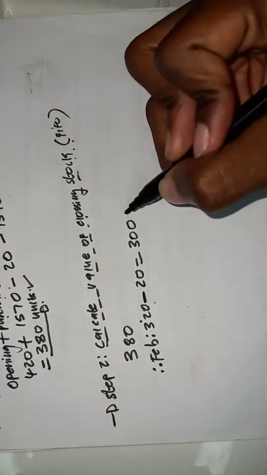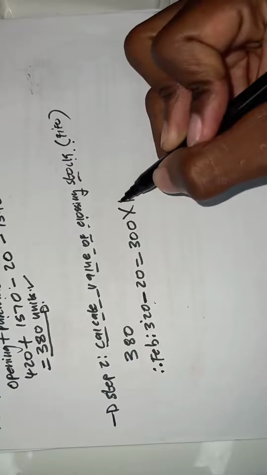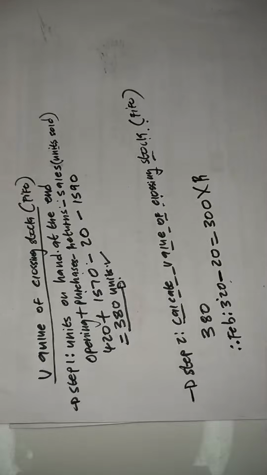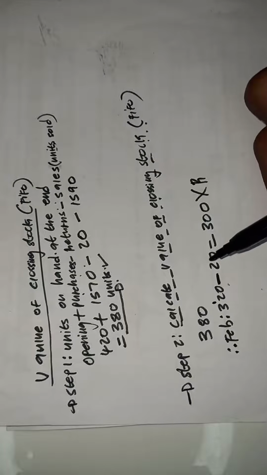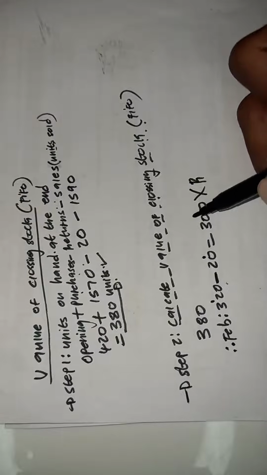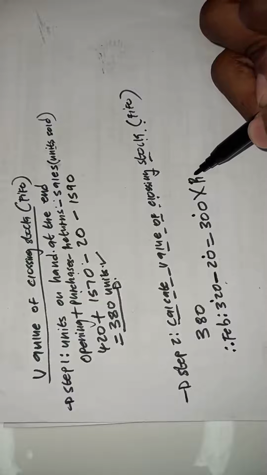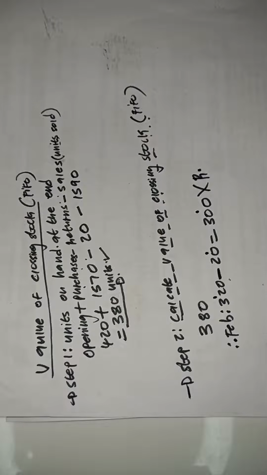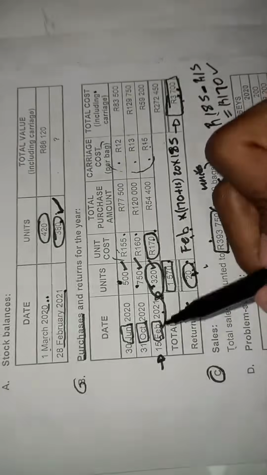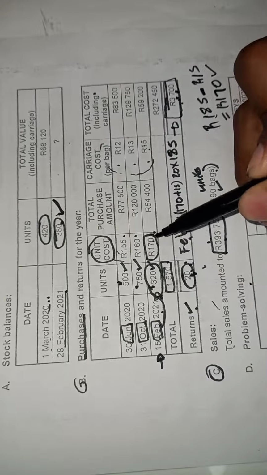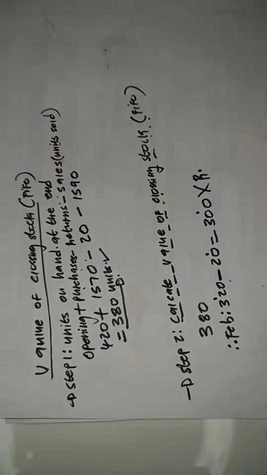So we're going to say 300 units in February multiplied by the price of February. That's step 2. 300 units left in February after we've subtracted the returns. Minus 20 returns, we're left with 300. So we multiply by the unit price for February. How much is the unit cost for February? February, the unit cost is 170. So we're going to multiply by 170, which is our last purchases.